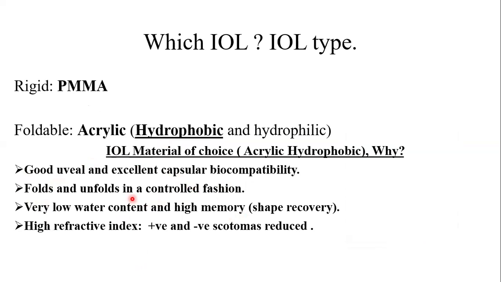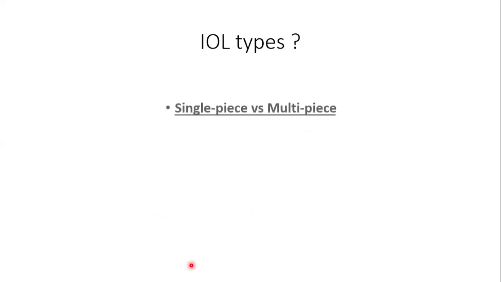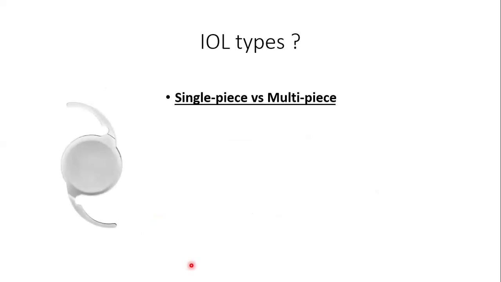So you can put the IOL safely, and there are other advantages of hydrophobic. Then IOL types, we have 2 types, single or multi-piece. Usually, if you are implanting in the bag, we use single piece. If you are implanting in the sulcus, you should use 3-piece IOL.